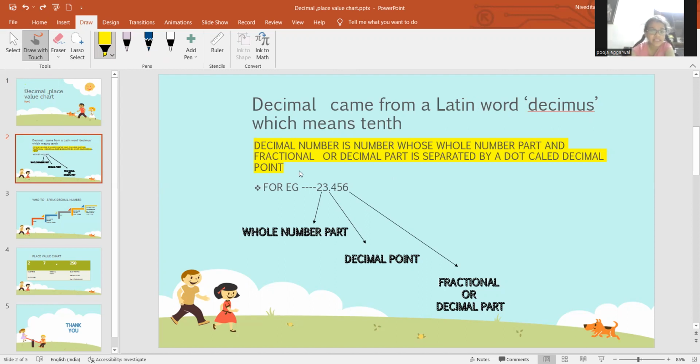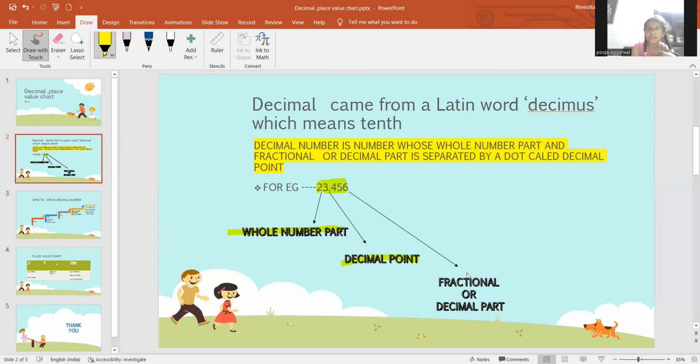I think you can see here that I am highlighting with yellow. Here it is written 23.456. Here 23 is the whole number part. And here a dot, which is the decimal point.